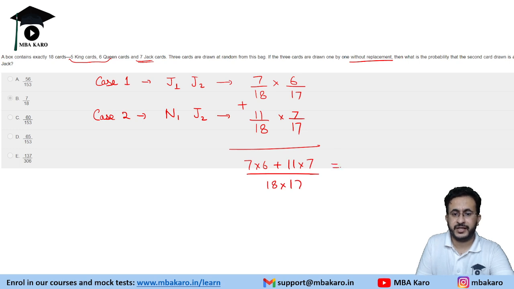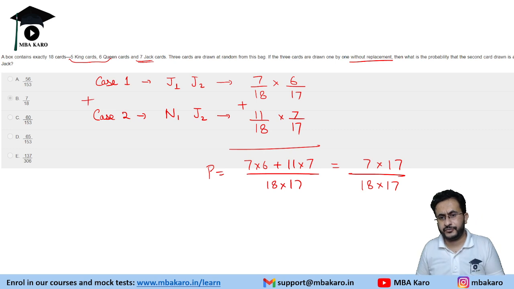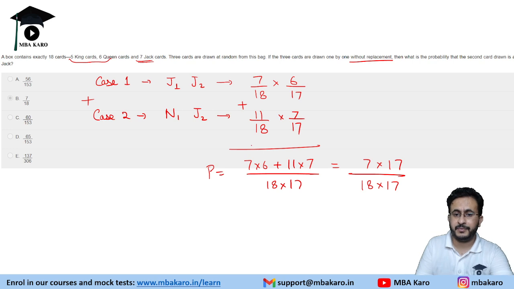We can say 7 is common, 6 plus 11 is 17, so 7 into 17 upon 18 into 17. That is the required probability. We add these two cases because either case 1 will happen or case 2 will happen. If two cases cannot happen simultaneously, we add those cases. So we add the probabilities and that gives us 7 by 18 as the answer.